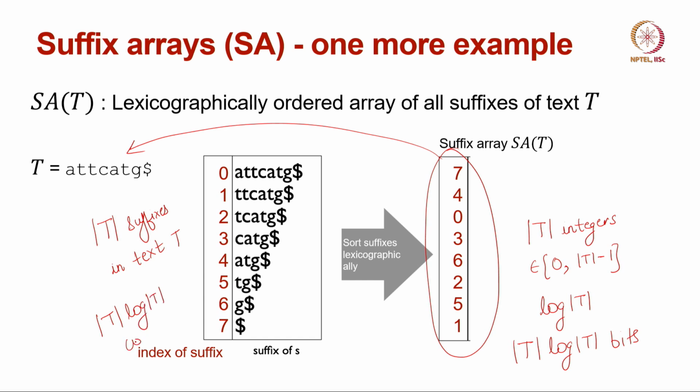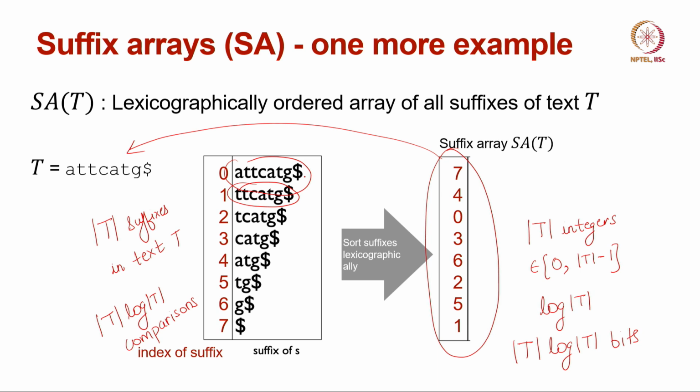However, observe that each comparison cannot be done in order one time, because now each comparison involves comparing two suffixes, and when we are comparing two suffixes, we may need to spend order T time, because the length of a suffix is at most T. So in order to compare two suffixes, we may need to compare one character at a time.